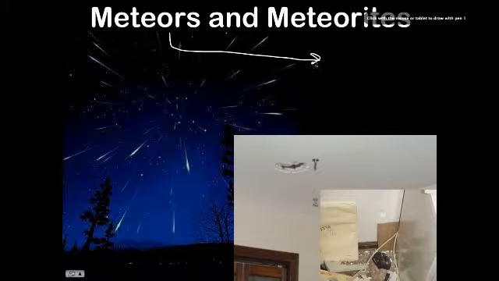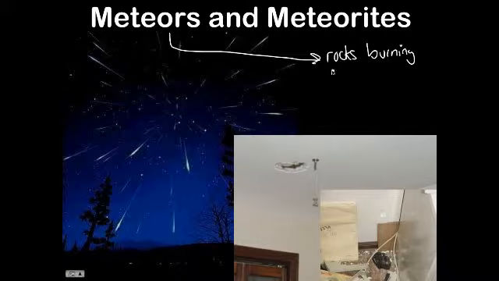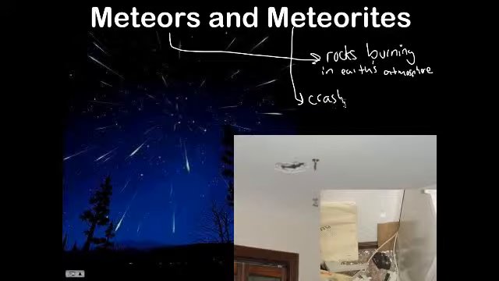And all meteors are rocks from the tail of a comet that are burning in our atmosphere. And a meteorite is one that's crashed to Earth.